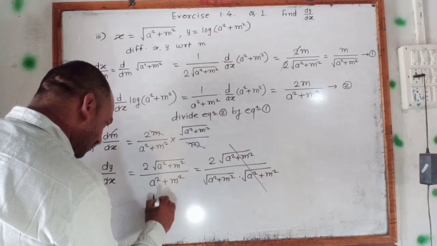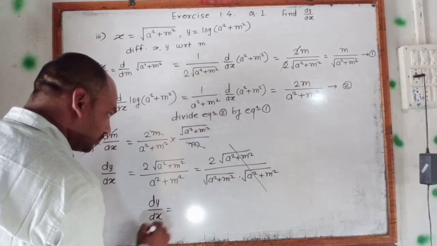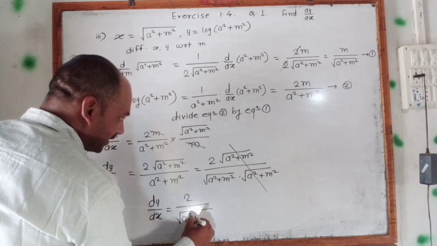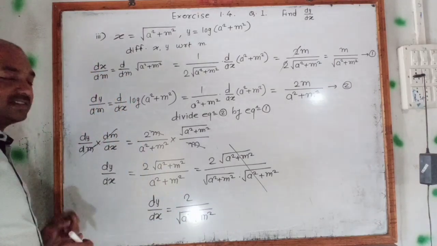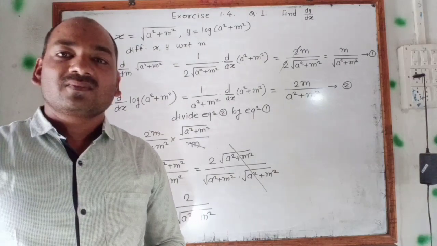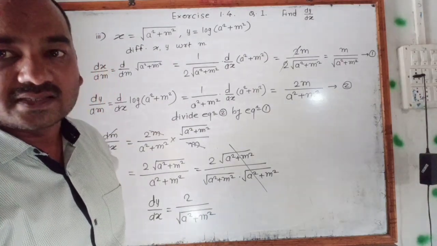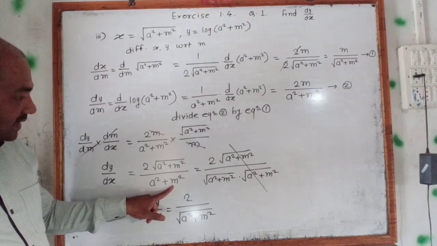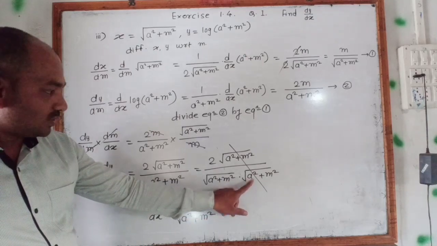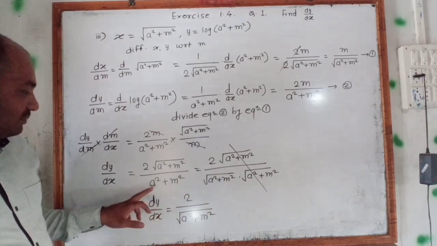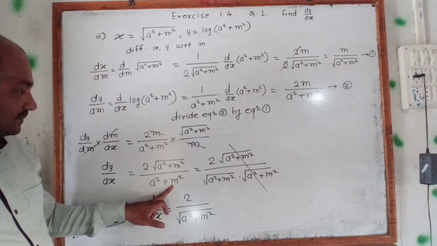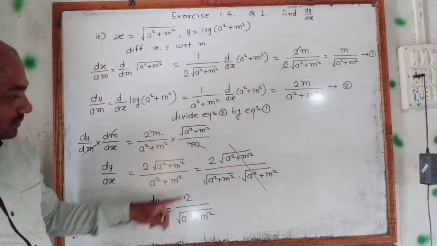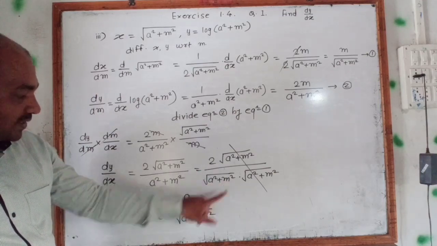So finally we have dy upon dx is equal to 2 upon square root of a square plus m square, and hence this is proved here. So it's very easy. What we do here, see, this part can be written as the product of two square roots. So the square root product becomes a square plus m square. So this square root cancels with this, and finally we have 2 upon square root of a square plus m square.